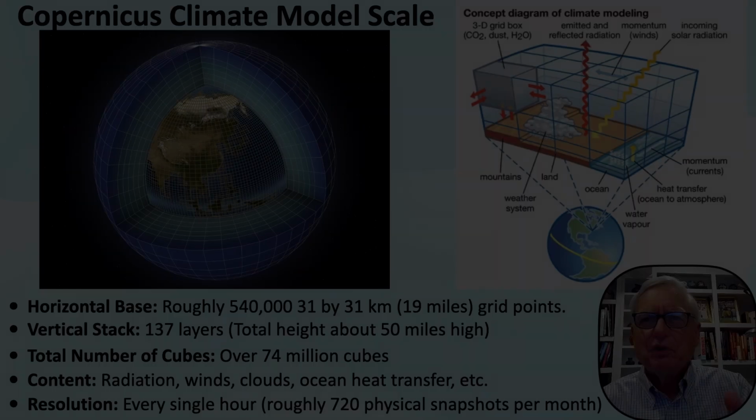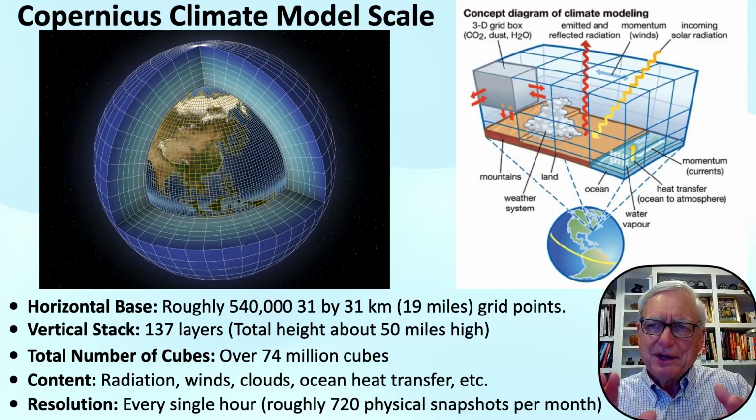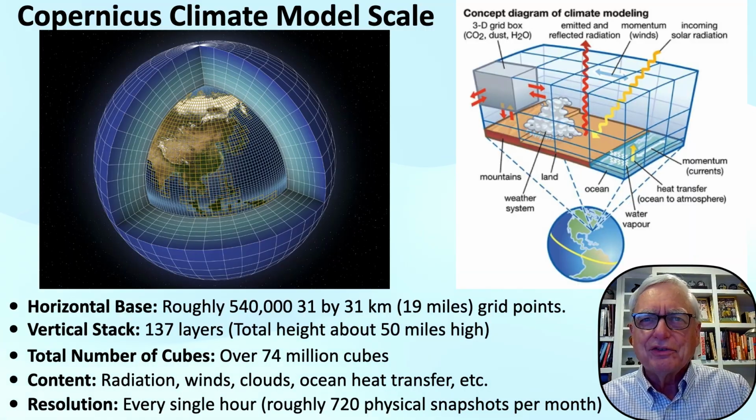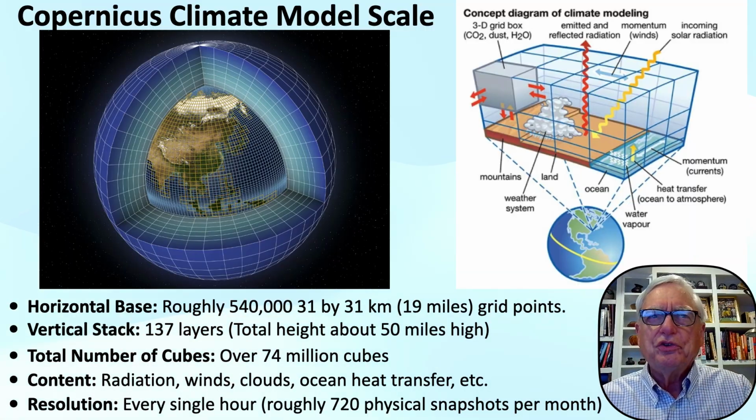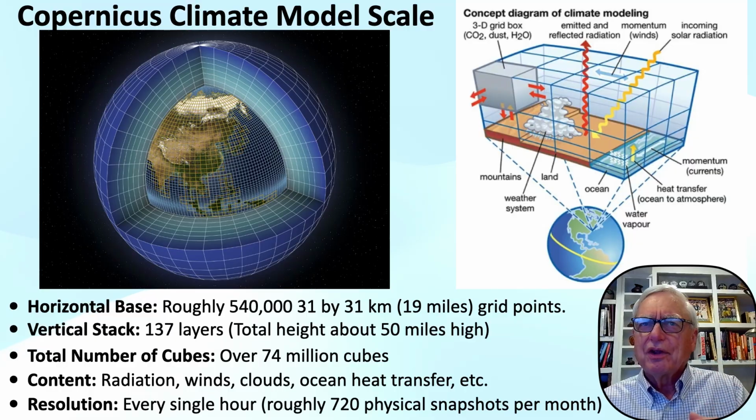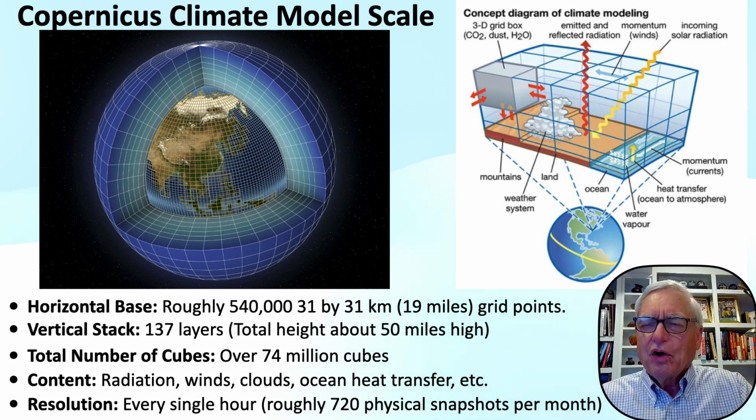And to give you a quick illustration so you understand how sophisticated this is, look at what the European Union does. It's called the Copernicus climate model. What they do is they basically go above the Earth's surface and create horizontal grids over the surface. These grids are really sort of squares, almost 31 by 31 kilometers, or 19 miles.